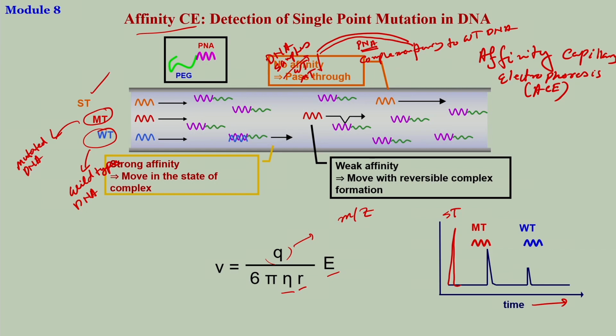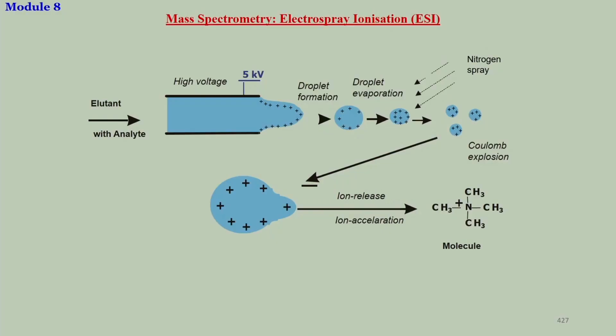So, you can separate your wild type DNA and any mutation present in your sample. We have actually used that to separate a very long 60 mer DNA base pair sequence which has only one mismatch in it, that I will show later when we will be talking about the molecular probes. Now, okay, separation technique is over.